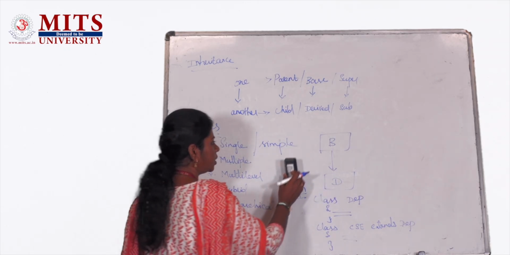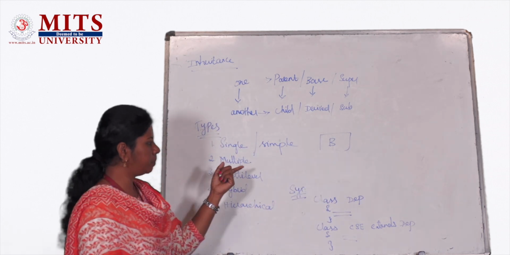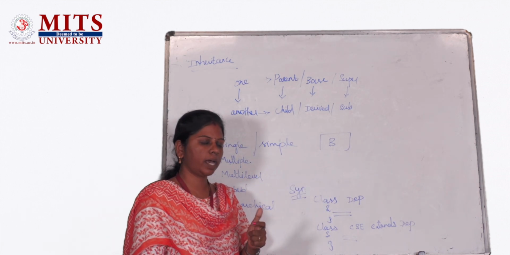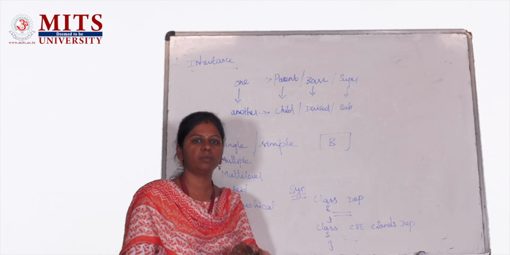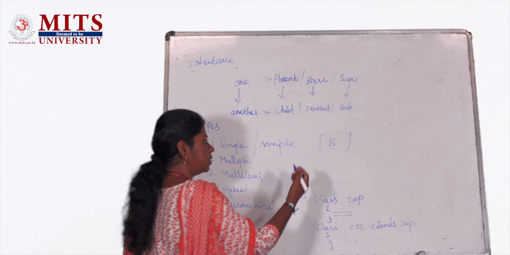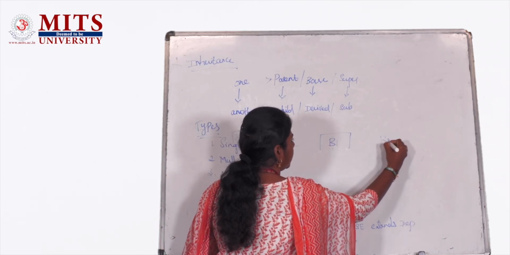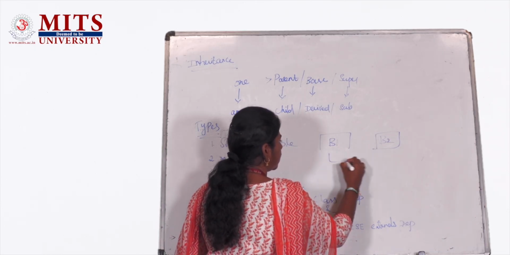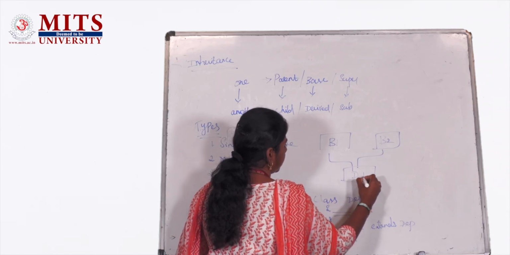And next one is multiple inheritance. Multiple means we are having more than one base class. For example, just consider this is base class 1 and next base class 2. So we are going to derive only one derived class.